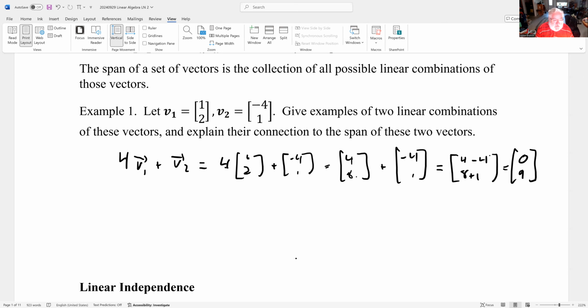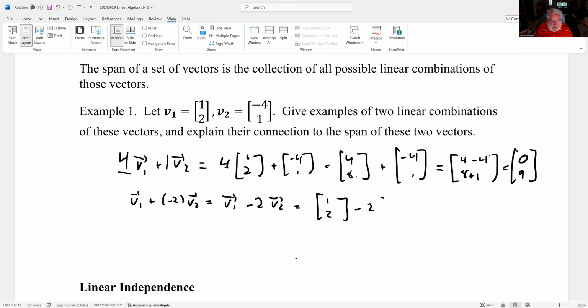So that's a particular linear combination because we picked the numbers 4 and 1, and we multiply them by v1 and v2. Another one would be, say, v1 plus minus 2 times v2. Technically it's adding a negative, but we can also just write that as minus 2v2. And again, that's 1, 2, minus 2 times minus 4, 1.